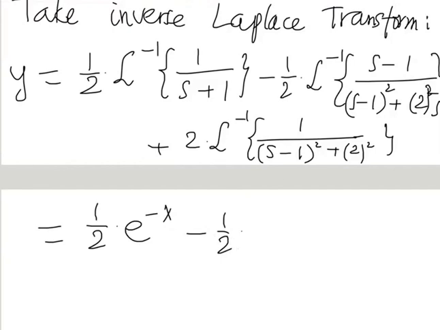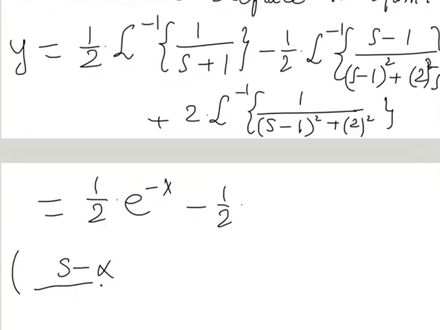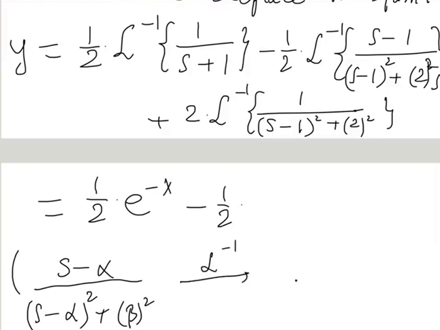Now for the last two, recall this. We have the first piece, s minus alpha divided by s minus alpha squared plus beta squared. The inverse Laplace transform is e to the alpha x cosine beta x. I realize that this curly bracket here may be confusing, so let me just erase.